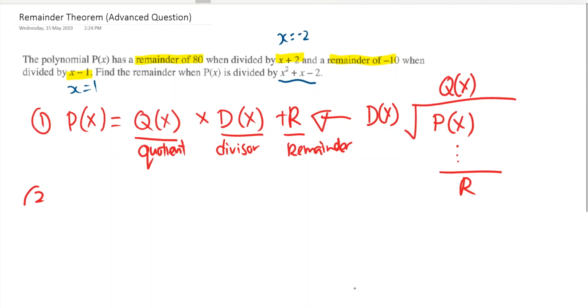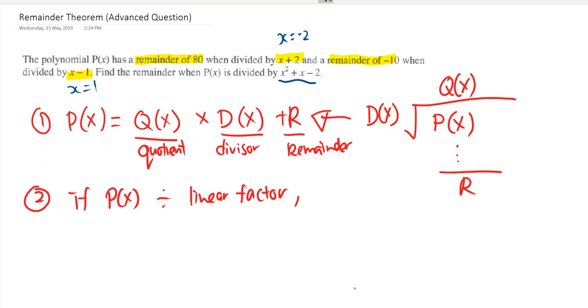The next concept is if your P(x) is divided by a linear factor, your remainder is equal to a value. This value may be 5, maybe 10, maybe negative 80. And this is most of the time the kind of question that you will do.